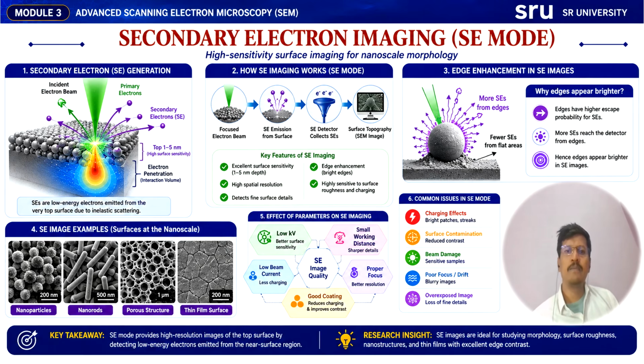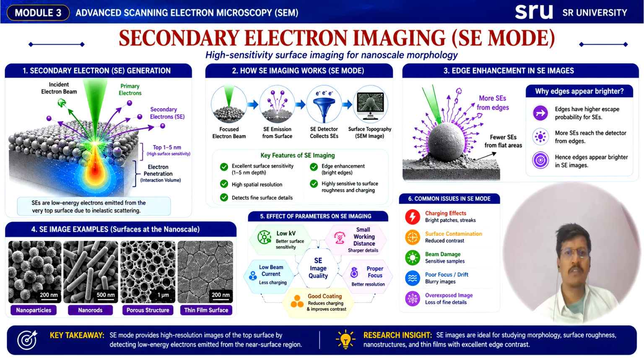In this slide, I have presented several examples of secondary electron images, including nanoparticles, spherical particles, nanorods, a porous structure, and a thin film. You can see the difference.